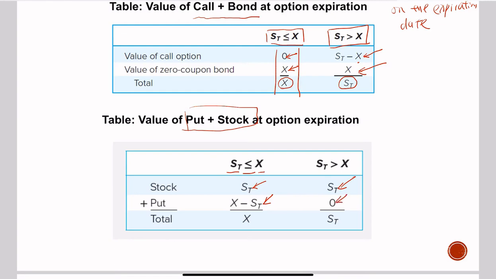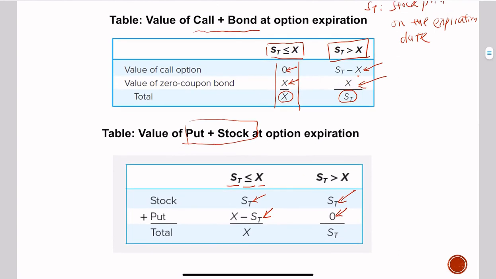Now this is the interesting part. If the market price is smaller than X, the total payoff for this put plus stock investment strategy is X. And if ST is larger than X, the total payoff is just ST. So the important thing here is this versus this.